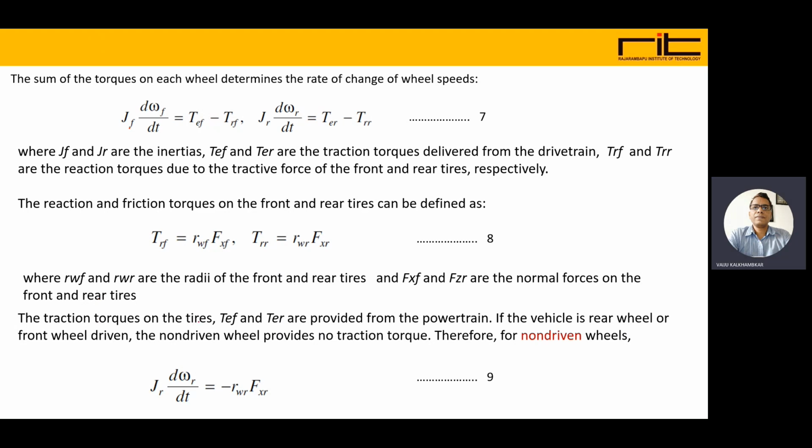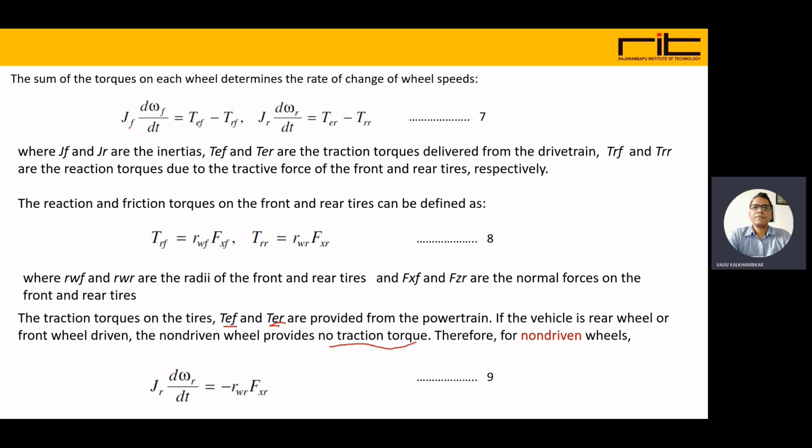The traction torques on the tires Tf and Tr are provided from the powertrain. These are the traction torques on the front and rear wheels, given by the engine, or given by the motor. If the vehicle is rear wheel or front wheel driven, the non-driven wheel provides no traction torque.